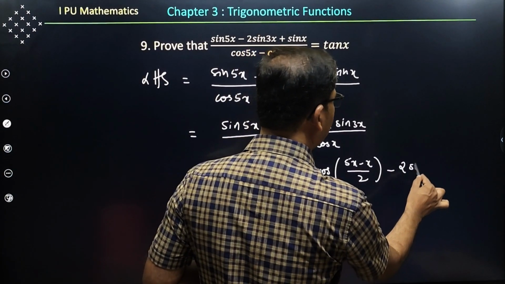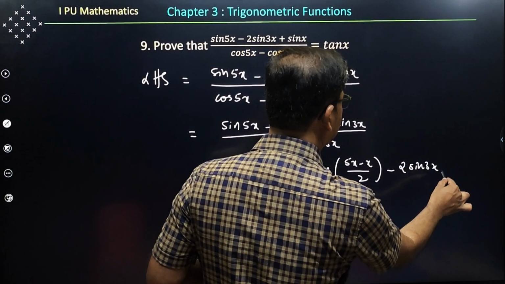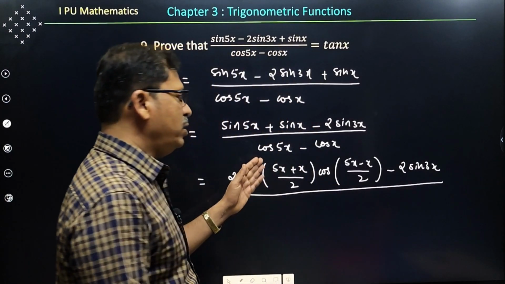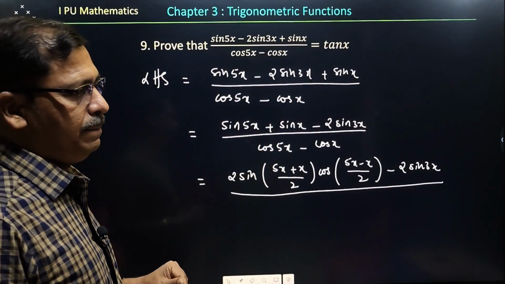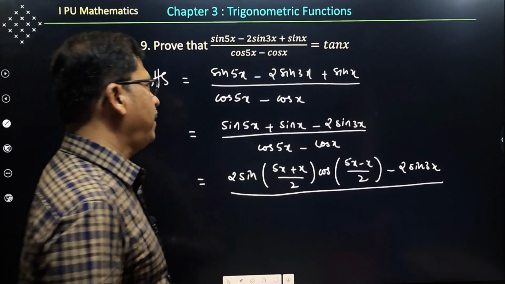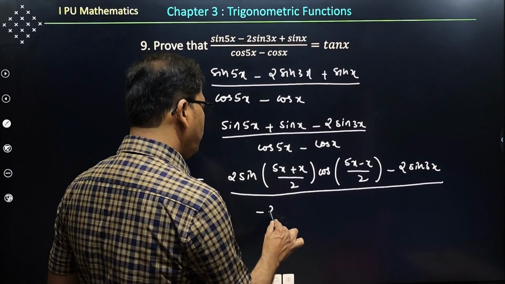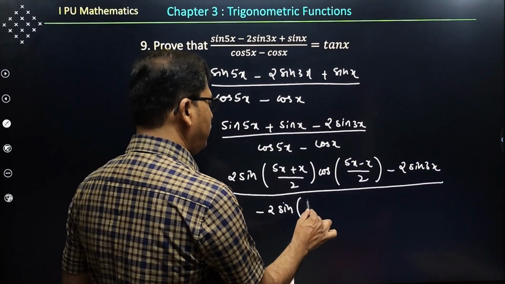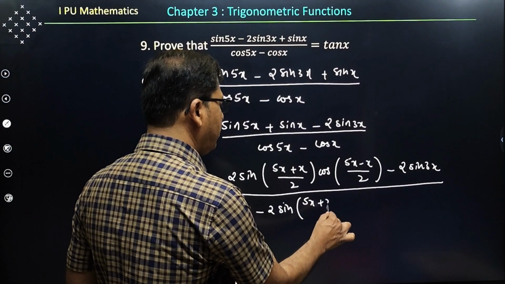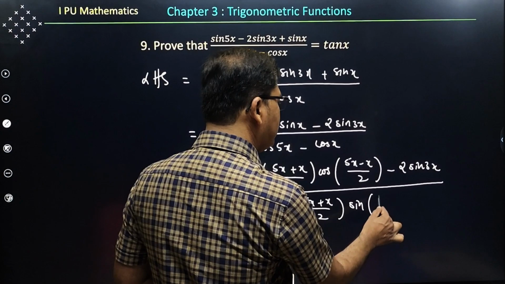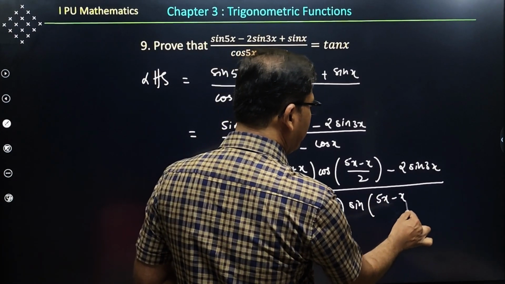Minus 2 into sin 3x, whole divided by what you can write for cos c minus cos d. For cos c minus cos d, a negative result is there: minus 2 into sin of c plus d divided by 2, that is 5x plus x divided by 2, into again sin of c minus d divided by 2, that is 5x minus x divided by 2.